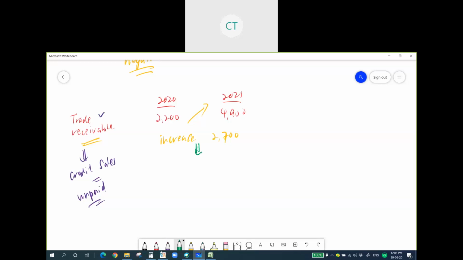Meaning that we receive less amount from your trade receivables. So what is the impact in your cash flow? When you receive more, we say this is a cash inflow. When we receive less, this is a negative amount, meaning that we have cash outflow. Alright, so this 2,700 will appear as a negative amount in your cash flow statement.